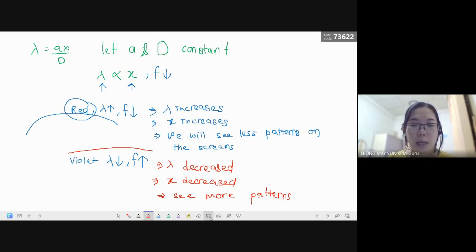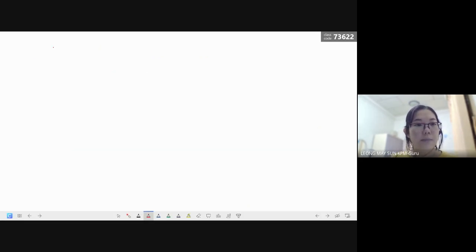So I'm going to go to the next analysis. The next analysis for lambda equals a x over d is by letting x and d be constant. Sorry. We want to see the interference pattern. I'm going to rearrange the formula: x equals lambda d over a.